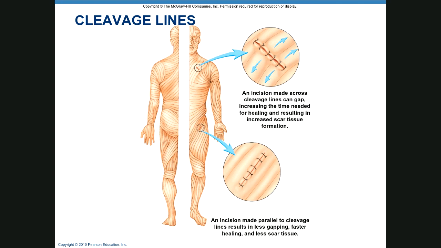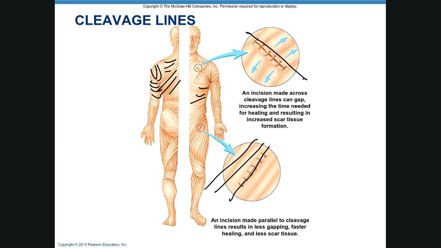And plastic surgeons study cleavage lines because these lines are going in mostly different directions depending on the part of the body that you're looking at. So when surgeons cut the skin, they try to make the cuts parallel to the cleavage lines in order to minimize scarring. If you cut perpendicular to the cleavage lines, the dermal layers will have a harder time repairing, and you'll end up with a bad scar. So you should know what cleavage lines are and why they're important.